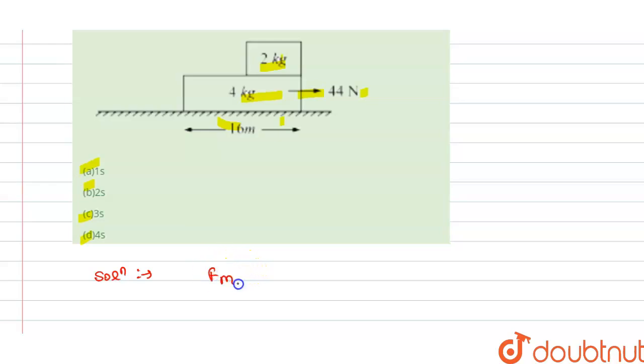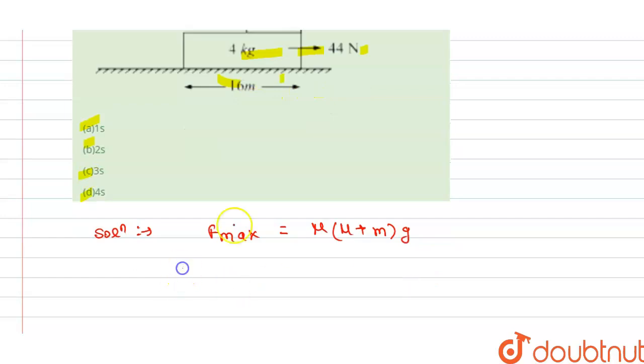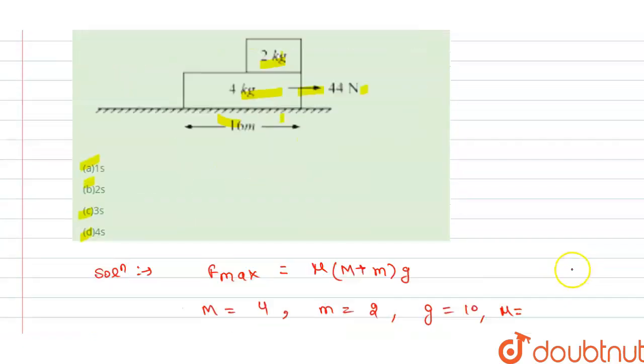So our F max is equal to, so we can write here mu into (M plus m) multiplied by g. So here capital M is 4 and m is 2 and g is 10, and the coefficient of friction is given to us, this is 0.2.